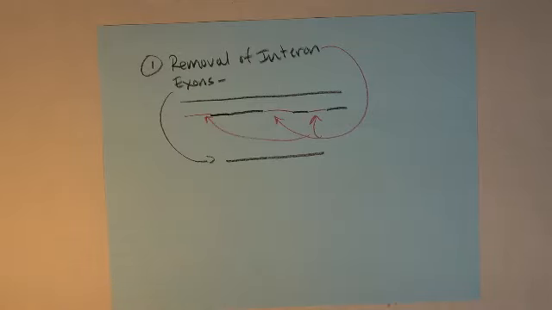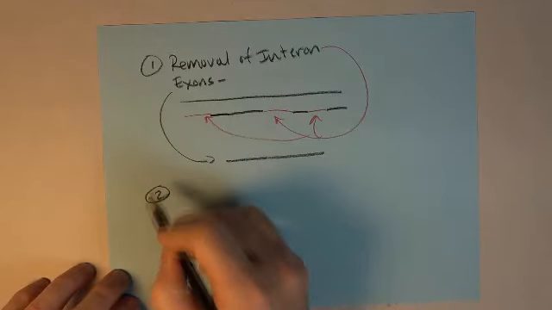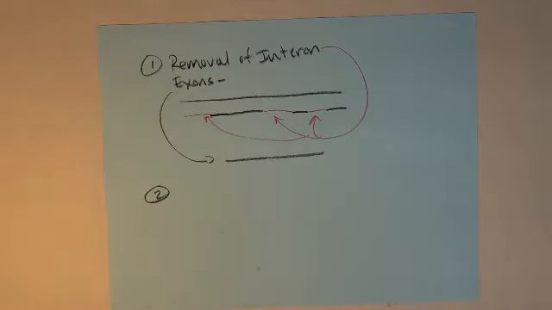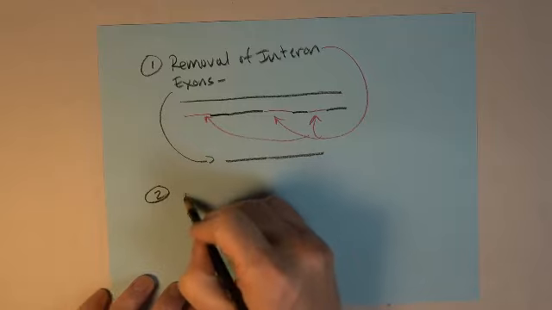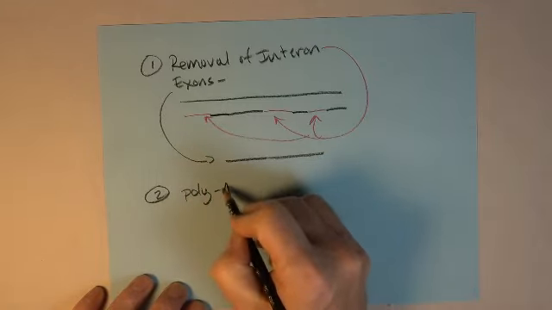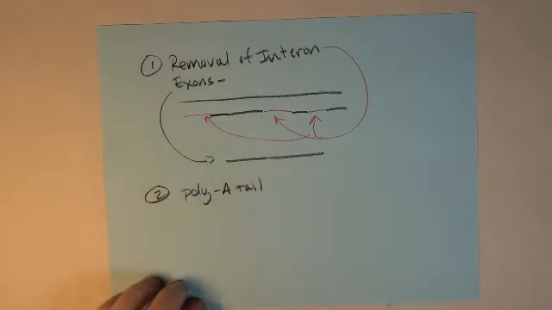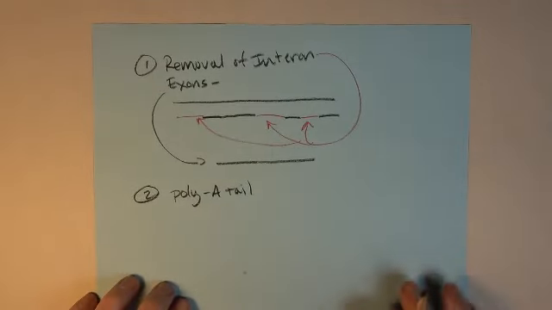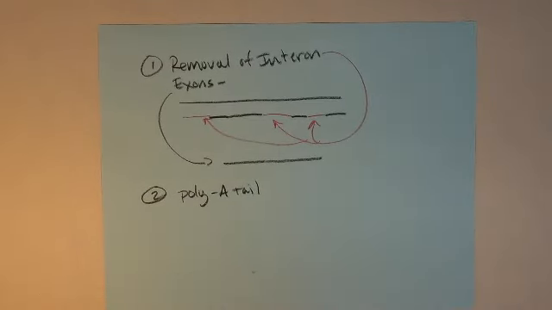Okay. The second thing you need to be aware of is that we have to also help stabilize the mRNA and help keep it from being attacked by other molecules that may be floating around in that cytoplasm. So enzymes come in and they add a poly-A tail. Basically, this is a series of adenine nucleotides, and it's a bunch.